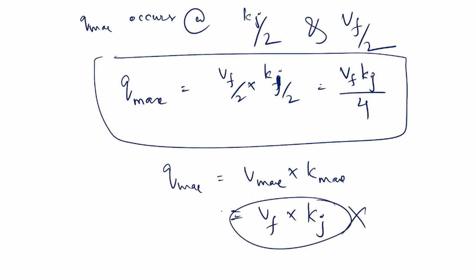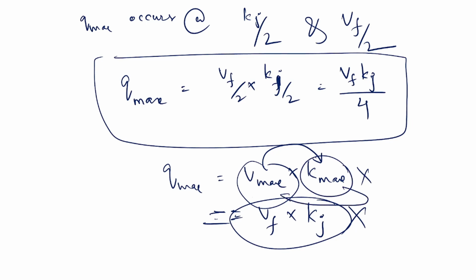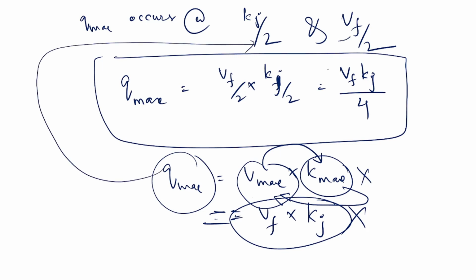This is wrong, because when V is maximum, K cannot be maximum. When K is maximum, V will be 0. V cannot be maximum. So for Q max to be maximum, the optimized values are these two.